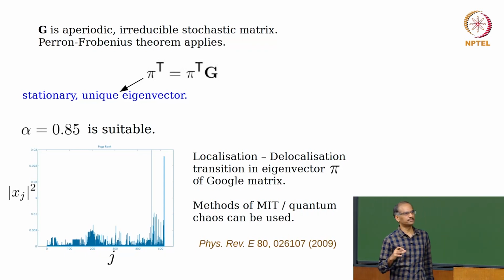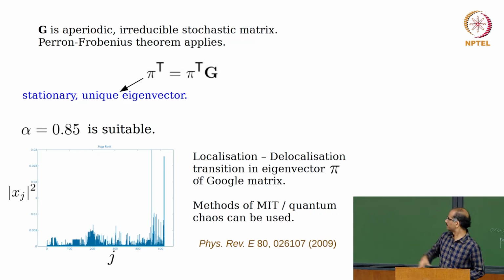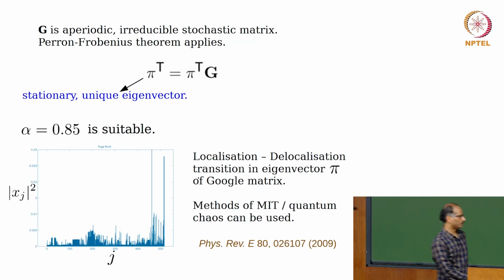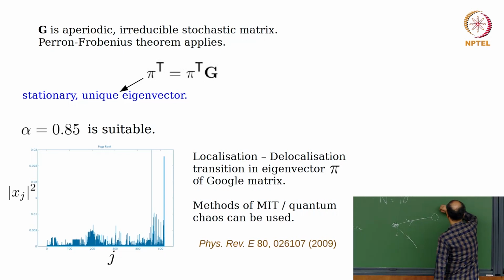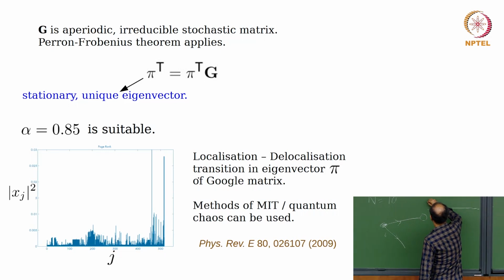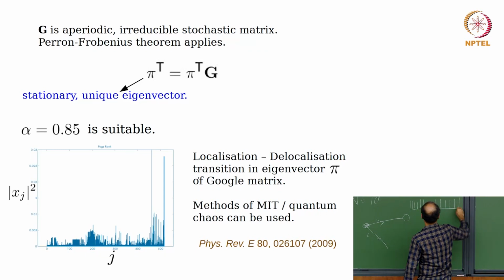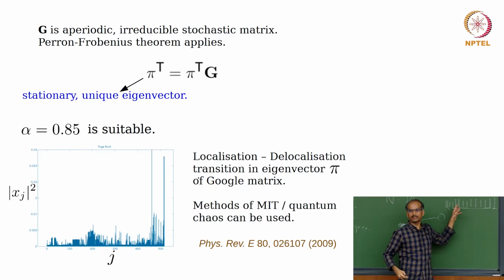So it turns out that if you actually go below 0.6 in alpha, the peaks that you are seeing here, you won't be able to get a large peak. So what happens is that you will get something which is approximately all equal. So you won't be able to say that one web page is more important than the other.